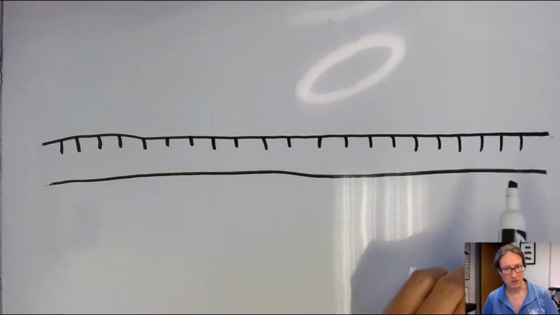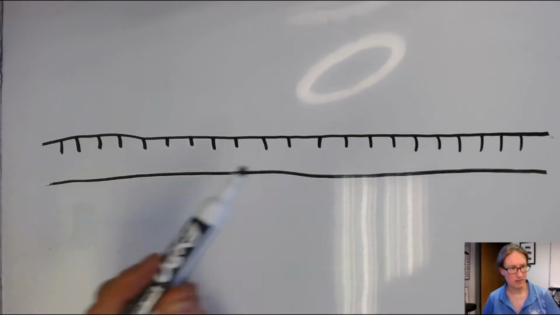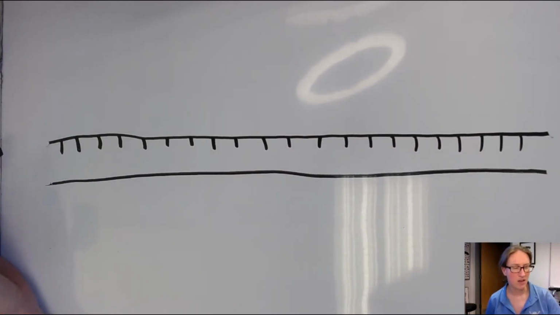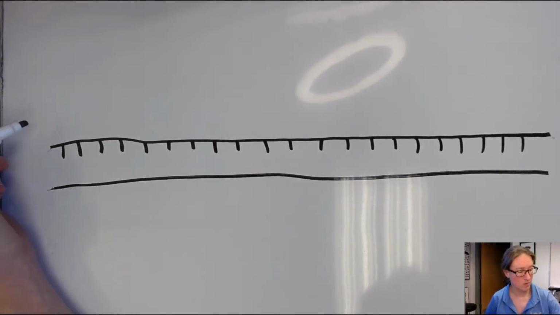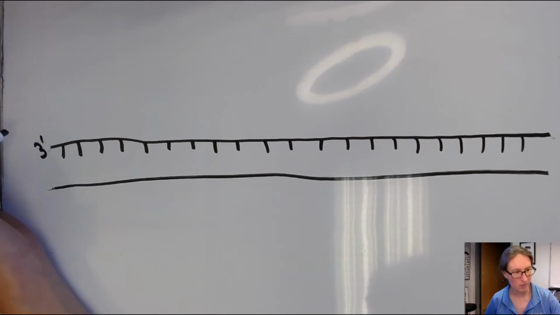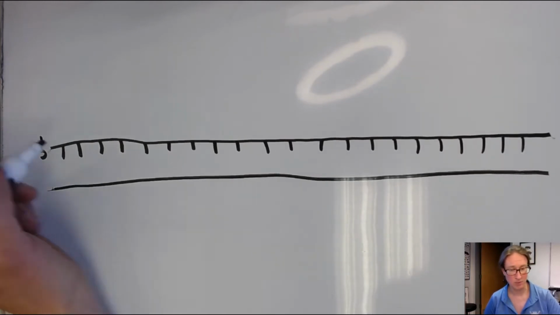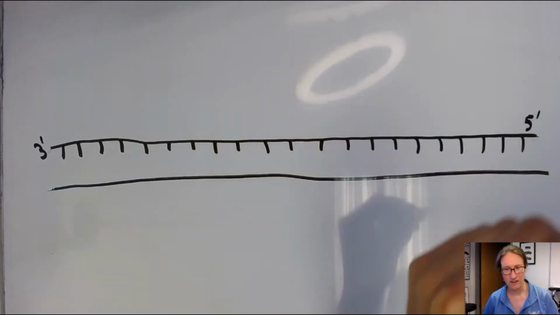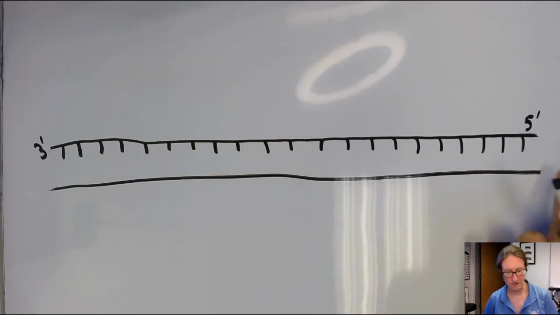Each of these represents one of the single strands of DNA, and as a reminder from that biochemistry video, these strands are directional. At one end there's going to be a loose 3' carbon, so we refer to that as the 3' end, and at the other end there's going to be a loose 5' carbon, so we'll refer to that as the 5' end.